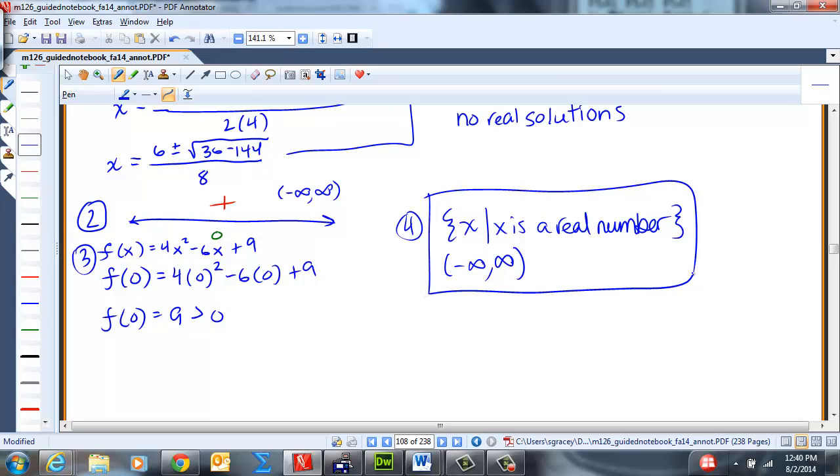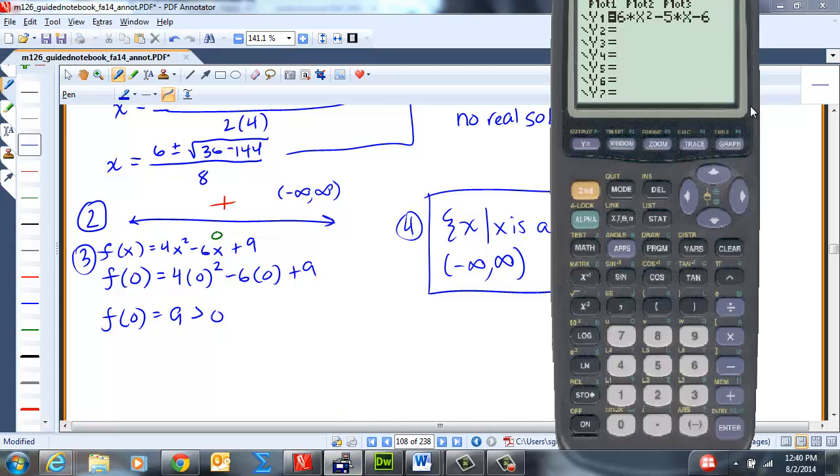All right, so let's take a look at this graph. So this one is 4 times x squared minus 6x plus 9. So if we graph this one, all right, so let's adjust our window. We need higher y values.